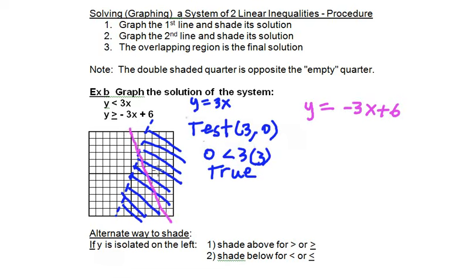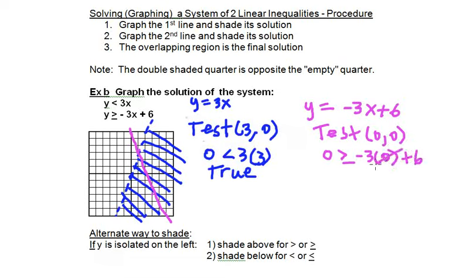Now when I want to decide where to shade, I can test a point which is on either side of the line, and this time the origin in relation to the pink line is clearly on the left side. So I will choose the origin as my test point. And when I plug in the point (0, 0) to the original inequality, y is equal to 0, and I'm going to test whether that's greater than or equal to negative 3 times 0 plus 6.